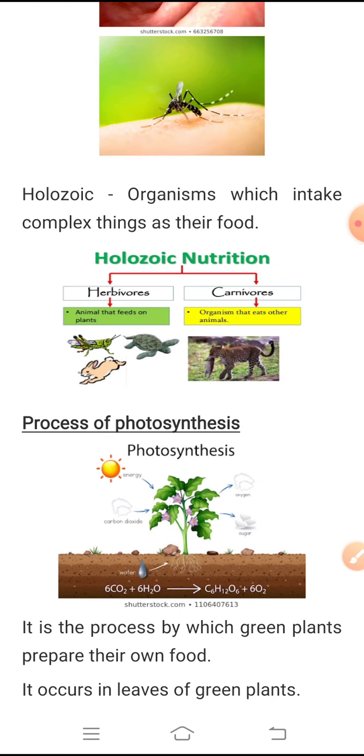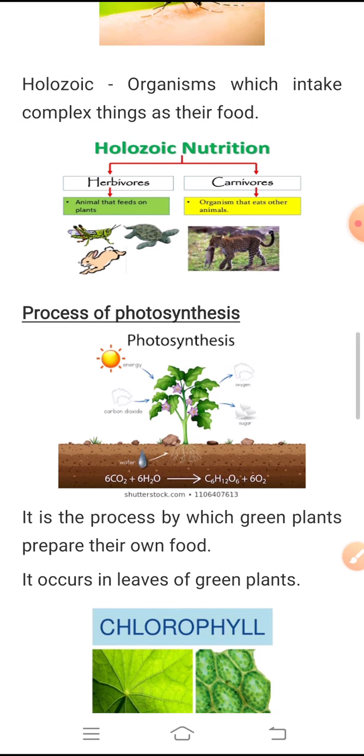So now we have discussed both autotrophic mode of nutrition and heterotrophic mode of nutrition. Now let us understand in detail the process of photosynthesis.